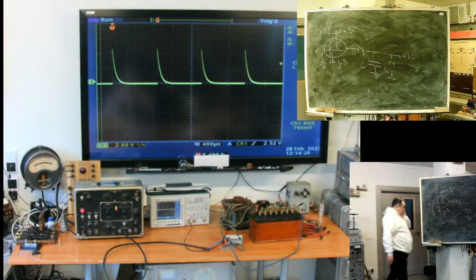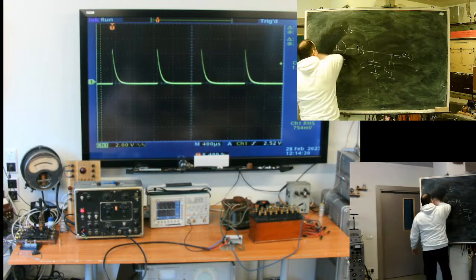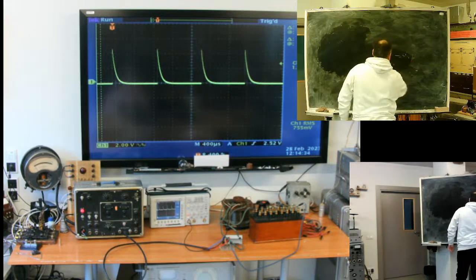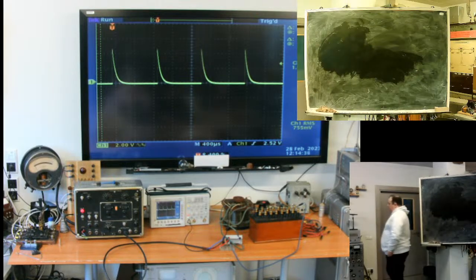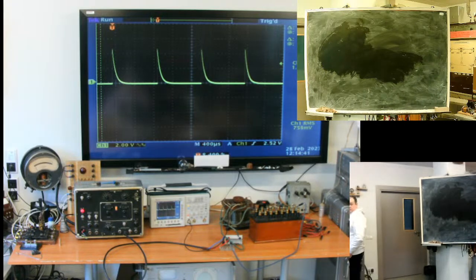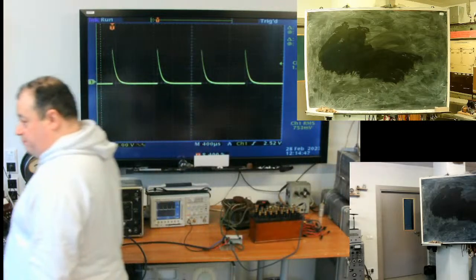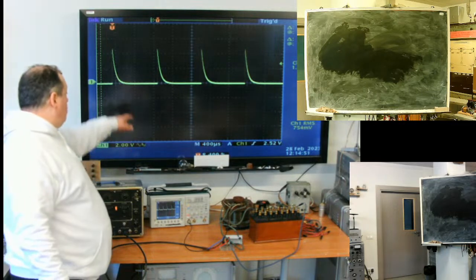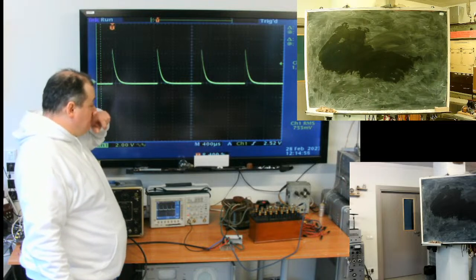Now, a question. Can we apply the Fourier transform for this? Yes, why not? It's all periodic. But the resulting transform will assemble not a periodic signal, but the sequence.